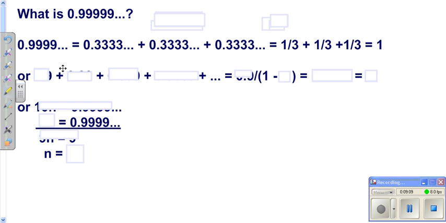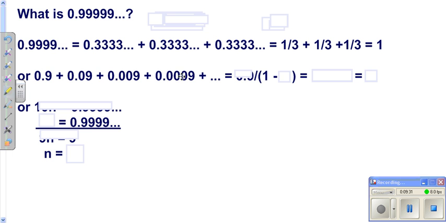Or we could look at it like we did in the last slide with the idea of a geometric series going on forever, an infinite one. 0.9 repeating is a 0.9 plus a 0.09 plus a 0.009 plus a 0.0009, and so on.